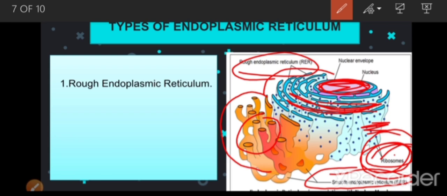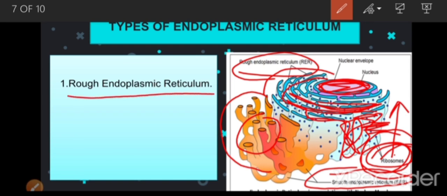So due to the presence of ribosomes over its surface, it becomes rough and is called rough endoplasmic reticulum. An important function of ribosomes is protein synthesis, and that's why the important function of rough endoplasmic reticulum is the synthesis of protein. What's the basic important function of rough endoplasmic reticulum? It is involved in the synthesis of protein.